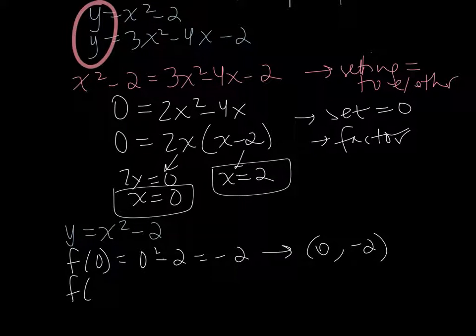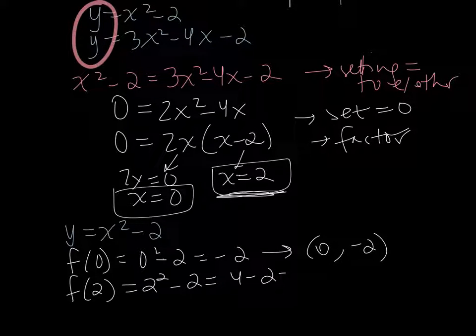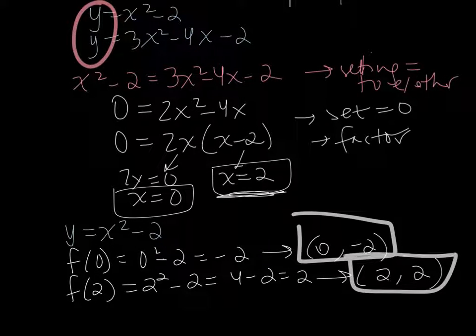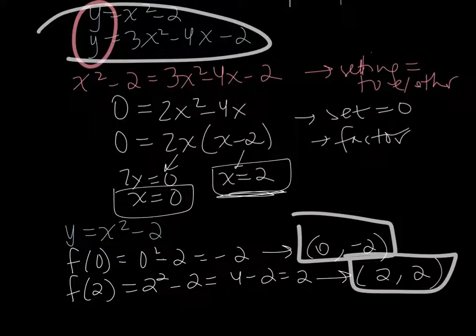And then I evaluate f of 2, that's my second x coordinate, and I get 2 squared minus 2, which is 4 minus 2, which is 2. So my second coordinate is 2, 2. And that, my friends, is your solution. Those are the points of intersection between these two parabolas up here.